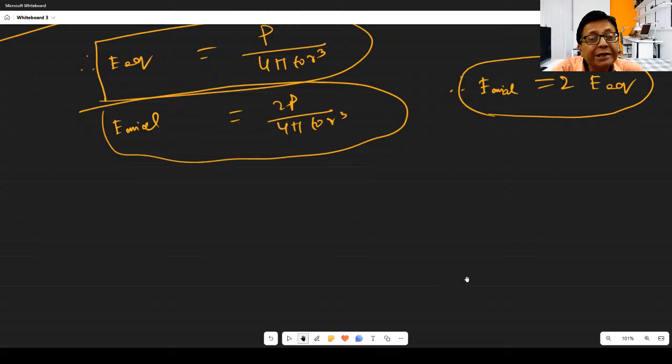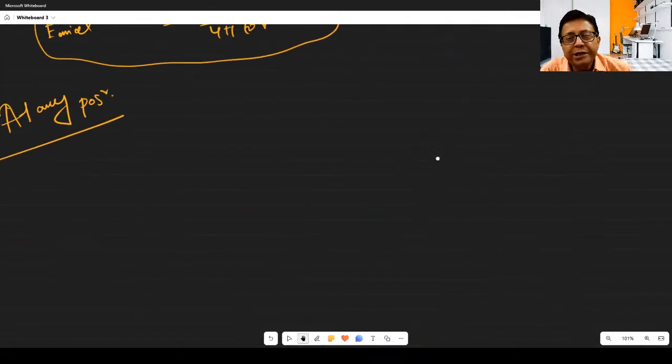Then at any position, you have to find the electric field at any position.